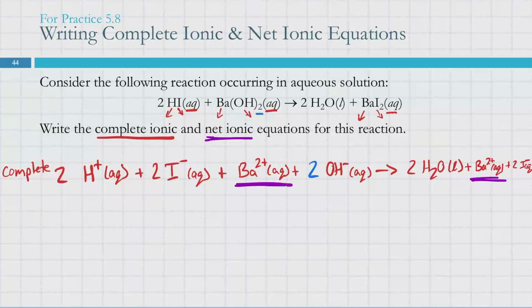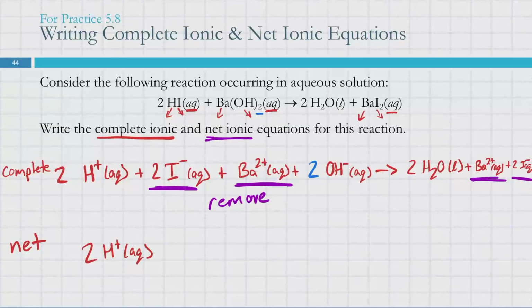It's the same on both sides. And the 2 I minus. So we're going to get rid of those. So remove those and write what's left. So it's going to be 2H plus AQ plus 2OH minus AQ goes to 2H2O, L for liquid.